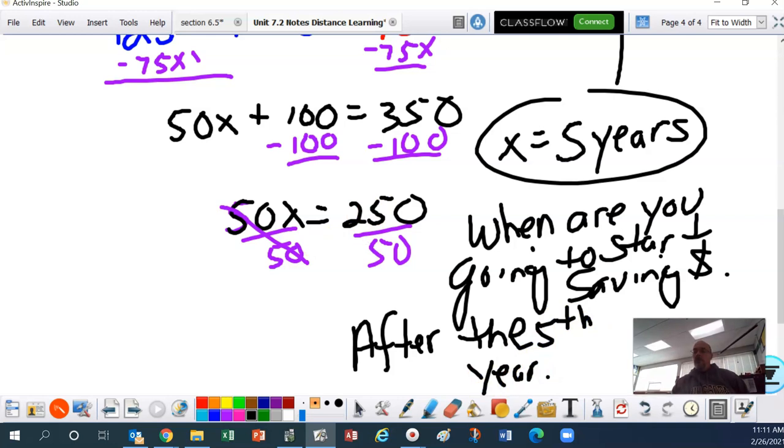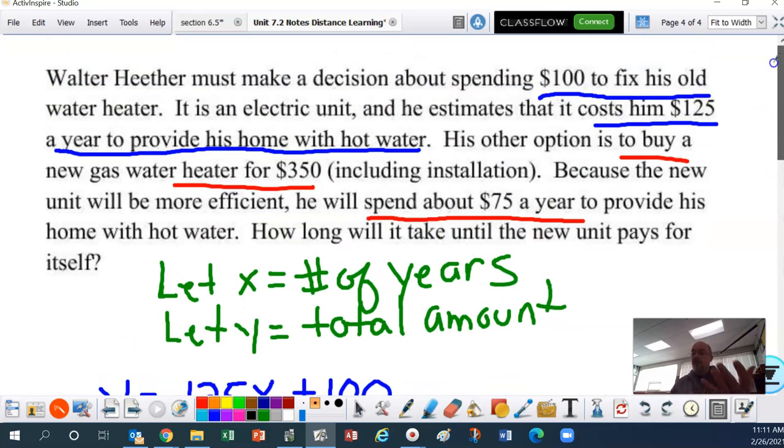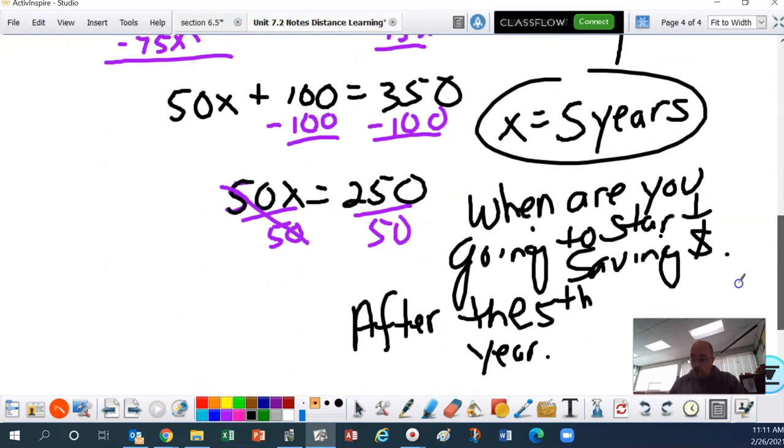So it'll cost you less to fix it for the 1st, 2nd, 3rd, 4th year. The 5th year, it would then be the same amount. But then after the 5th year, you're going to start spending less. So in the end, it is worth getting the new one.